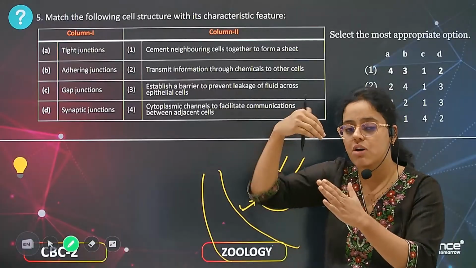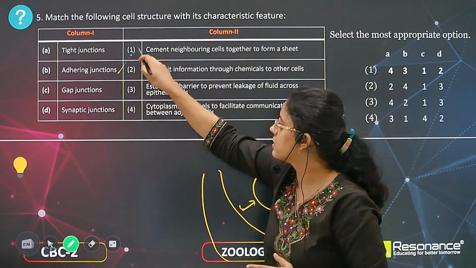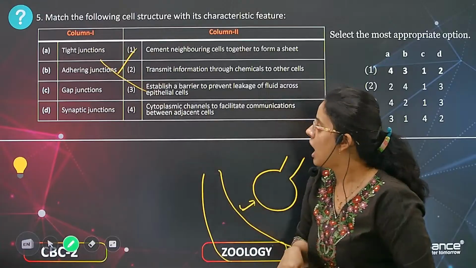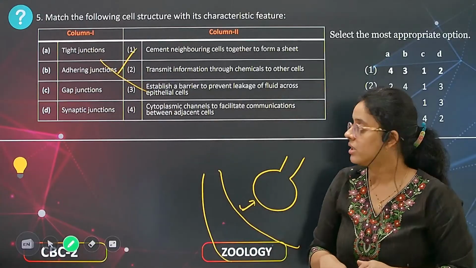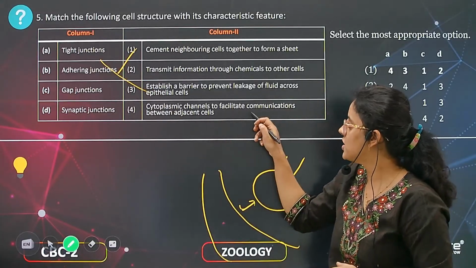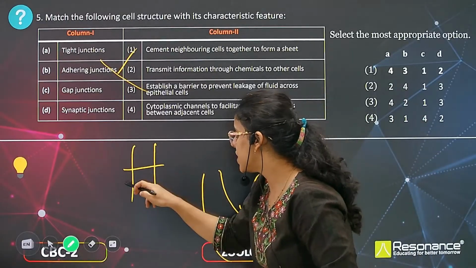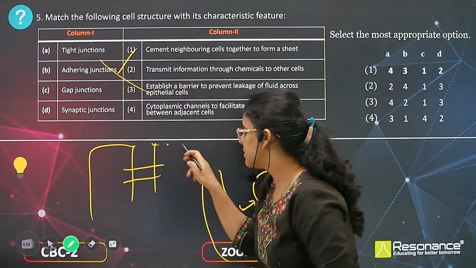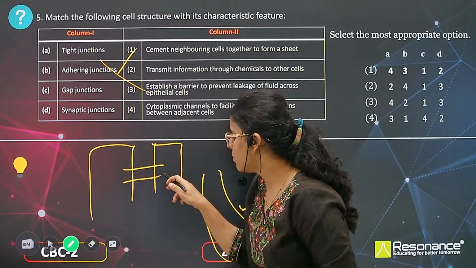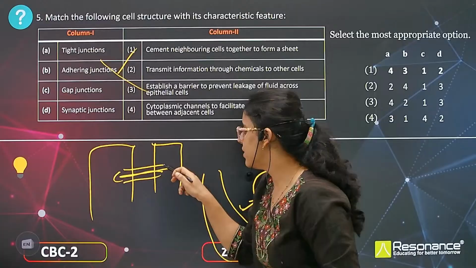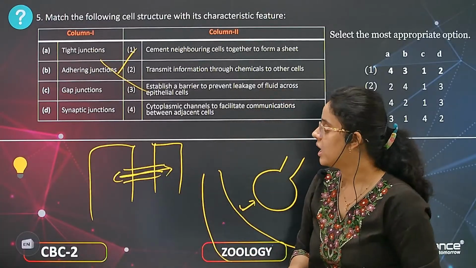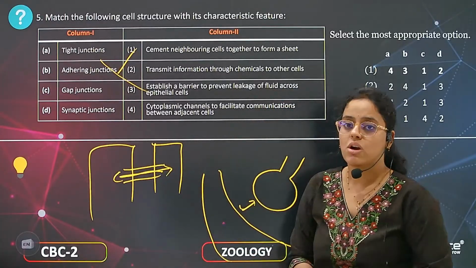As I have told you, they form a sheet-like structure. Now gap junctions: cytoplasmic channels to facilitate communication. Why? Because the cells have protein channels. If this is one cell and this is another cell, the cells have protein channels so that they can communicate with each other frequently. Now coming to synaptic junction, what are we left with?